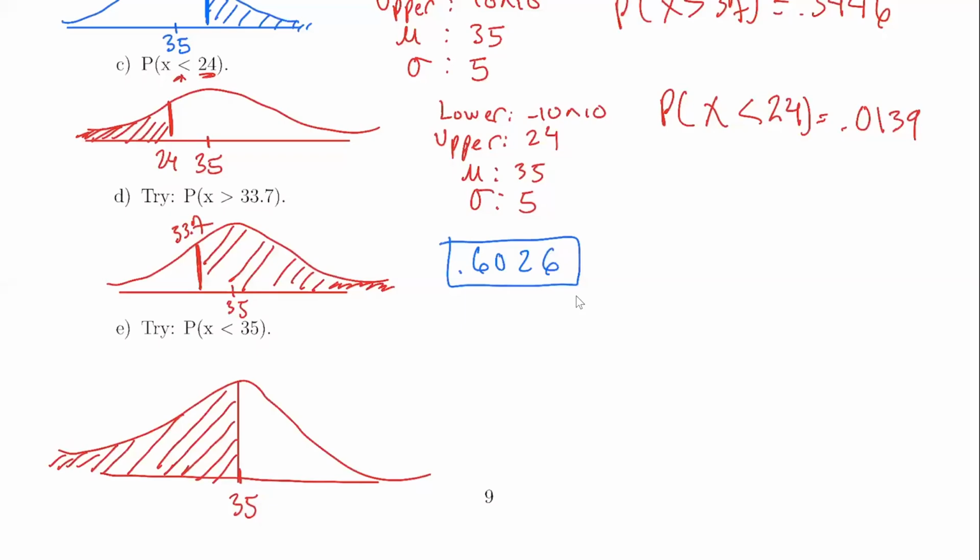So the answer for the first one should have been 0.6026. If you do that, the lower bound should have been 33.7. Upper bound should have been 10 to the 10 power. My mu should have been 35, and sigma should have been equal to 5.